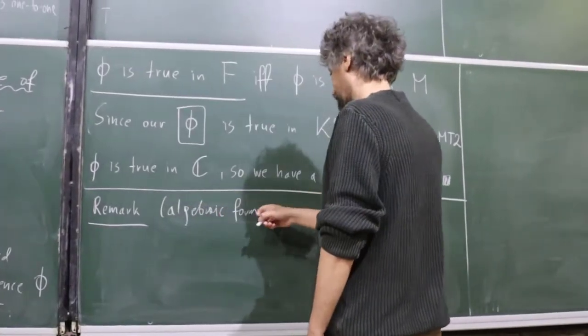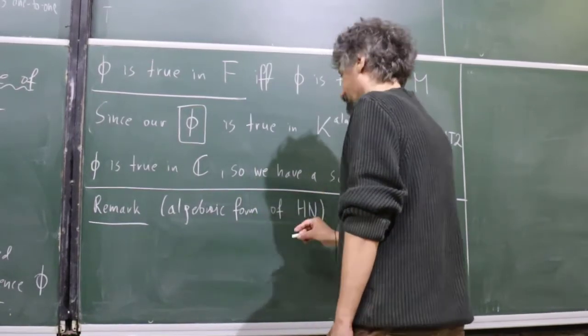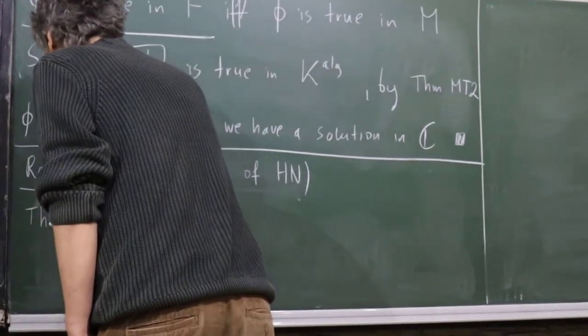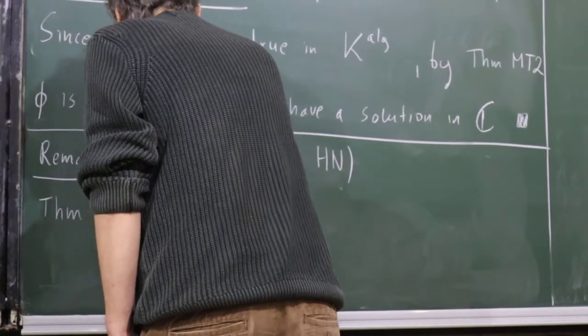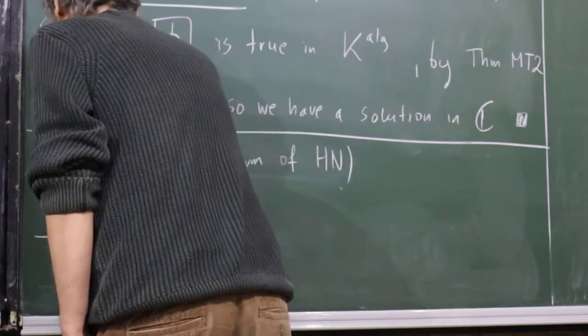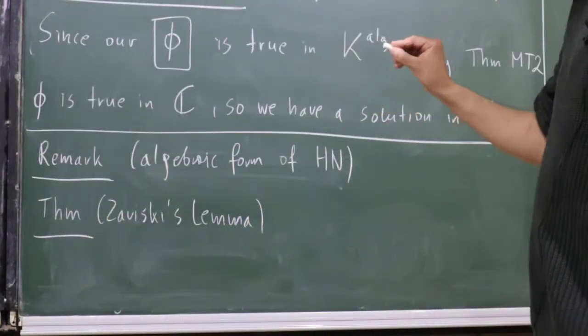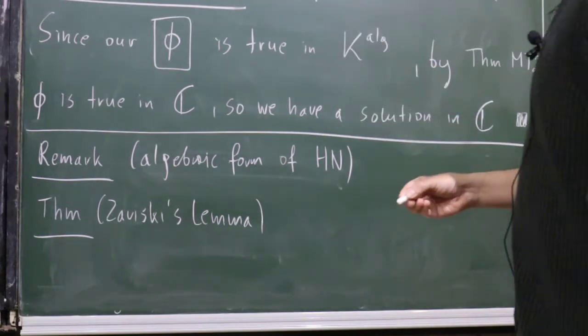This may be called the algebraic form. This is something called Zariski's lemma. Again, this remark is not really related to our main topic, but it's a bit clarifying what's happening here.